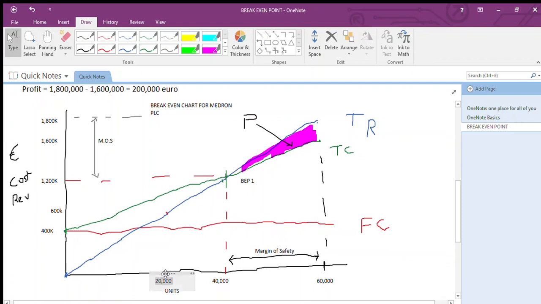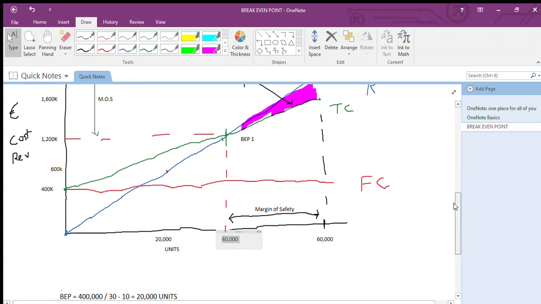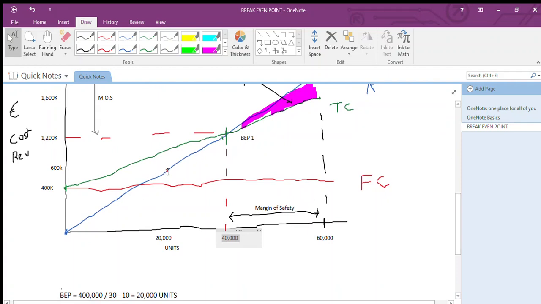The concept of break-even point is where the total cost and total revenue are the same. Therefore, my break-even point 2 has to be shown on the total revenue line. At 20,000 units, it's €600,000. That is my break-even point 2. And my total costs, that's not a line, it's just a break-even point.